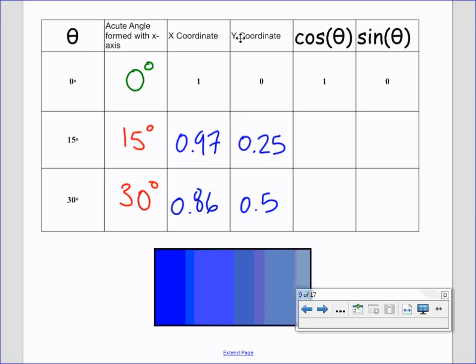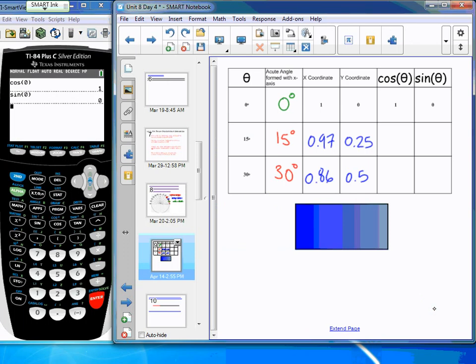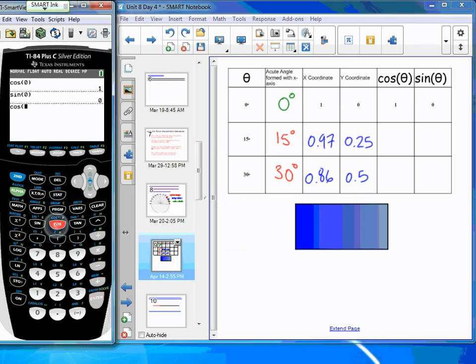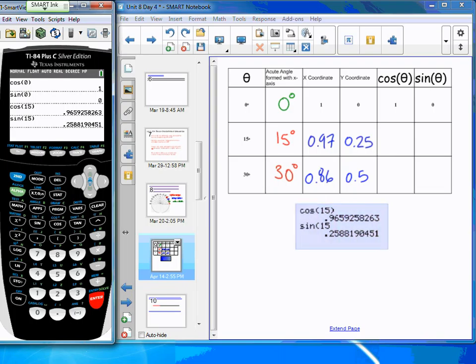Okay, now we're going to go ahead and, on our calculator, in degree mode, enter the cosine of 15 degrees. Let's enter the sine of 15 degrees. 0.966.